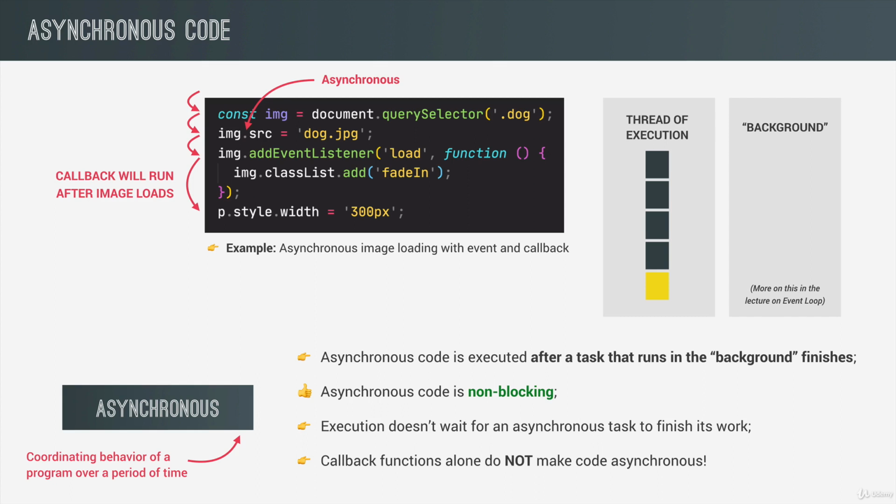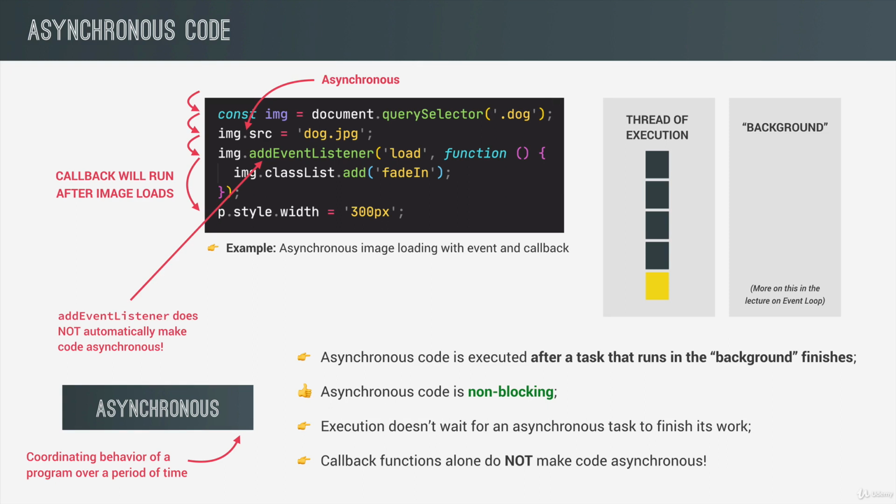All right, and so now at this point, I believe that you have a pretty good understanding of asynchronous code. There is just one more important thing that I need to mention, which is the fact that event listeners alone do not make code asynchronous, just like callback functions alone do also not make code asynchronous.